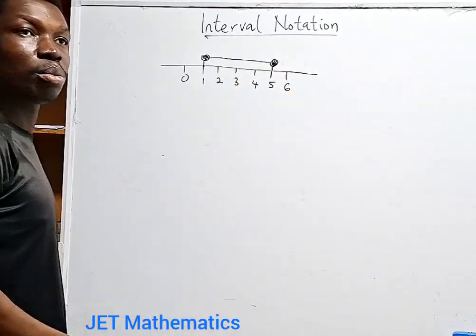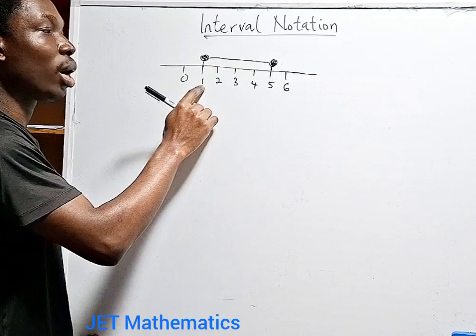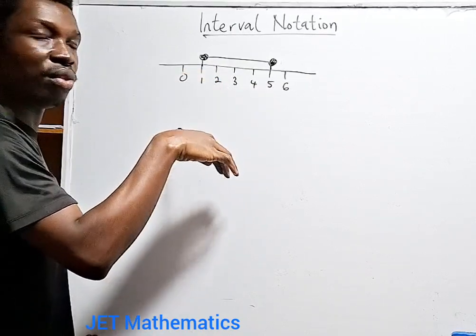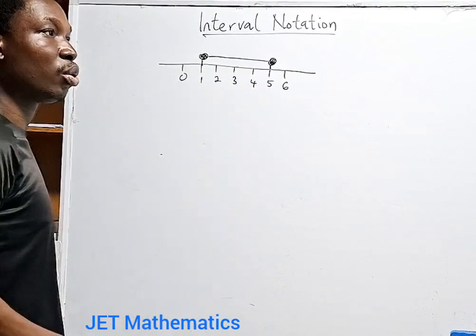So this inequality means numbers from 1 to 5 with 1 and 5 inclusive.